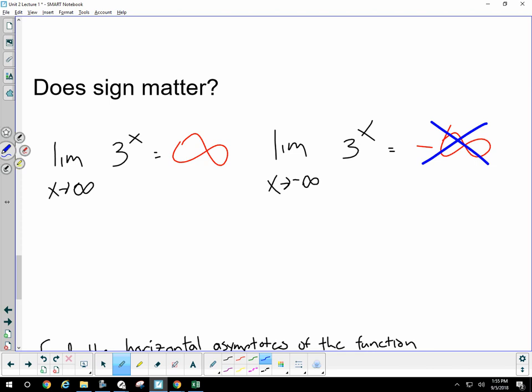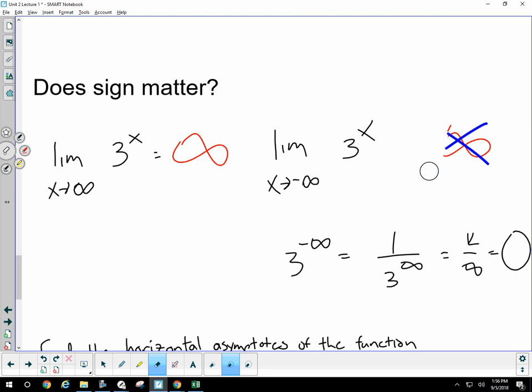What is the limit as x approaches negative infinity of 3 to the x? 0. Because if we plug in negative infinity, I get 1 over 3 to the positive infinity, remembering your negative exponent rules. And we know that this is like a number under infinity, which is approaching 0.